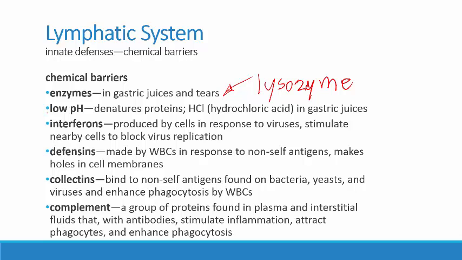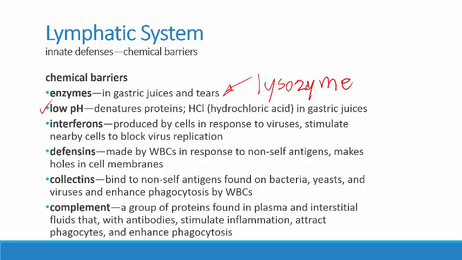We use low pH as a second chemical means of preventing dangerous materials from entering the body. When we swallow food, maybe there's some bacteria on the veggies from the salad bar at a restaurant.